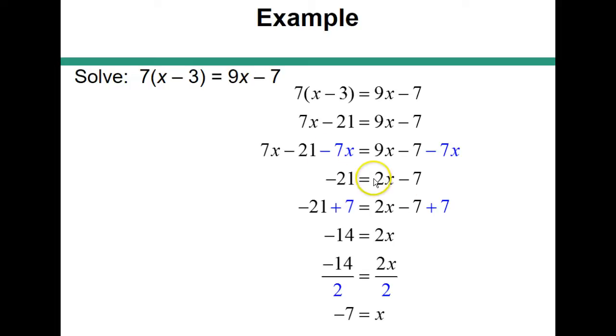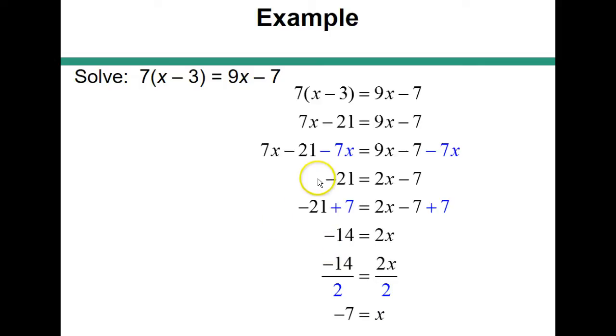And now we have x only on one side. We want to get rid of the negative 7 by adding 7. And when we do so, we end up with a negative 14 equals 2x. We divide both sides by 2, and you get x equals a negative 7.